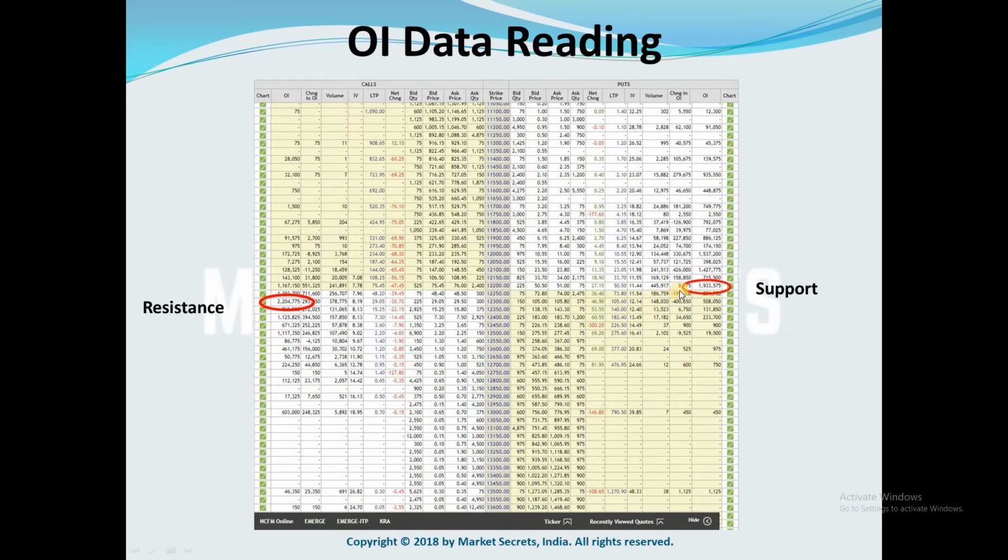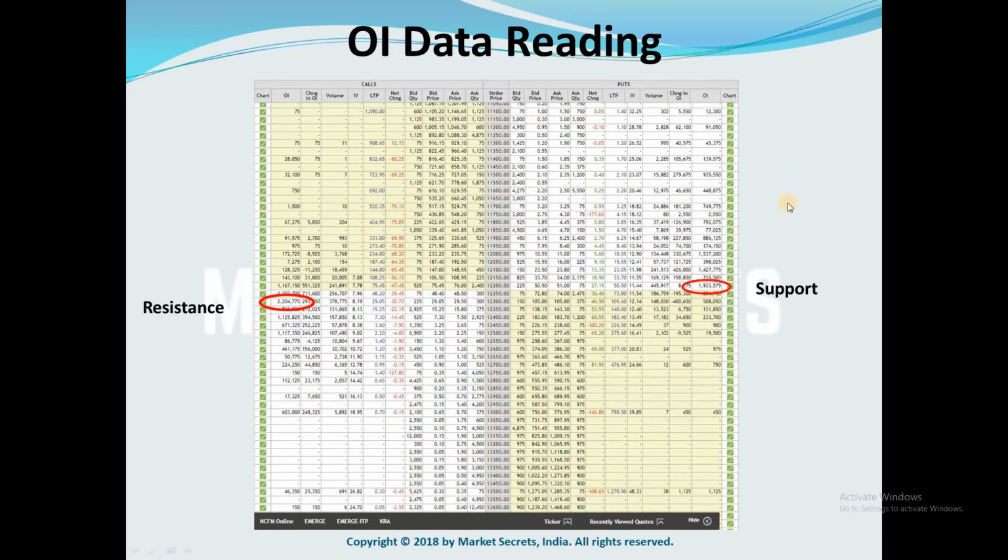But the problem is, in the change in OI column, the support doesn't see any new addition of put contracts. Just some 8000 put contracts were added today, which indicates this support is getting weaker, so it might break. That's the inference you can gain from this OI data.